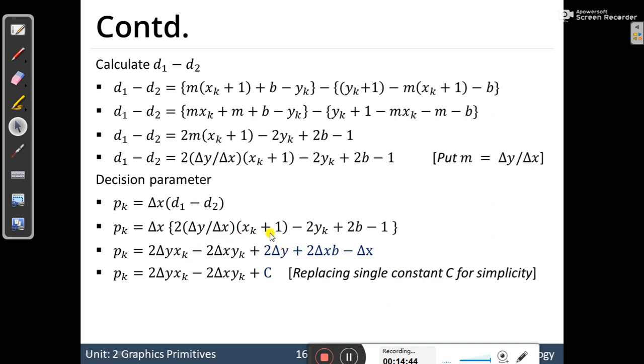But we remain with this part, this into this and this into this. So the equation becomes like this.